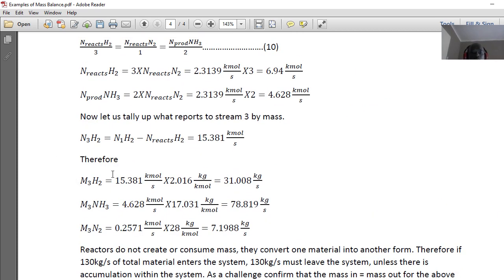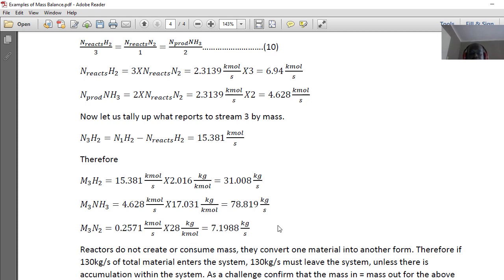M3 hydrogen will be the number of moles of hydrogen multiplied by the molecular weight, which will give us 51.008 kg per second. Then the M3 ammonia will be the number of moles of ammonia multiplied by its molecular weight, which will be 78.819. And then finally, the nitrogen will be 0.257 kilomoles times 28, which will be 7.118198 kg per second.